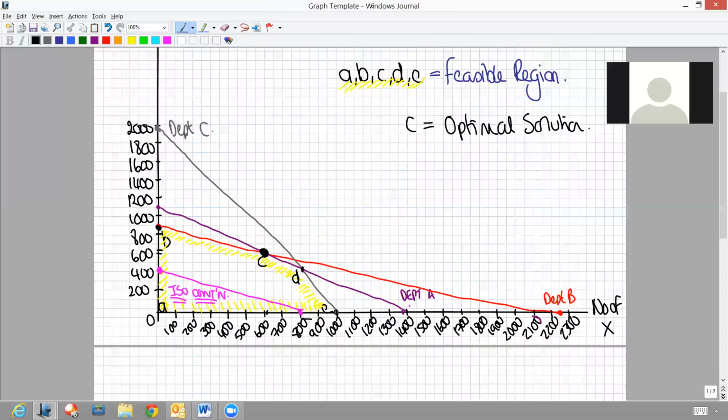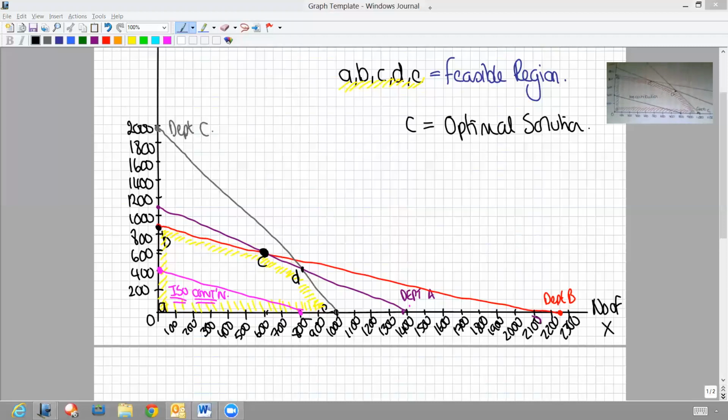Again, if I just show you my video on the camera, using proper graph paper and using a ruler with straight lines, you can see that point C does in fact sit at 700y and 500x. So we've just proved that point C is in fact our optimal solution.